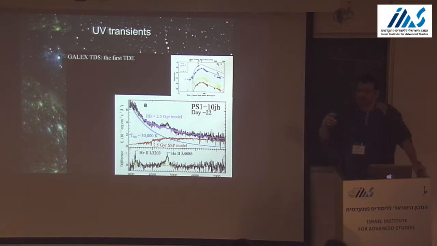There are components like these streams of material. A stream could go on and then cross itself and interact with itself. It could interact with an accretion disk. There would be all kinds of shocks and hot parts of this ejecta that can emit all kinds of components.